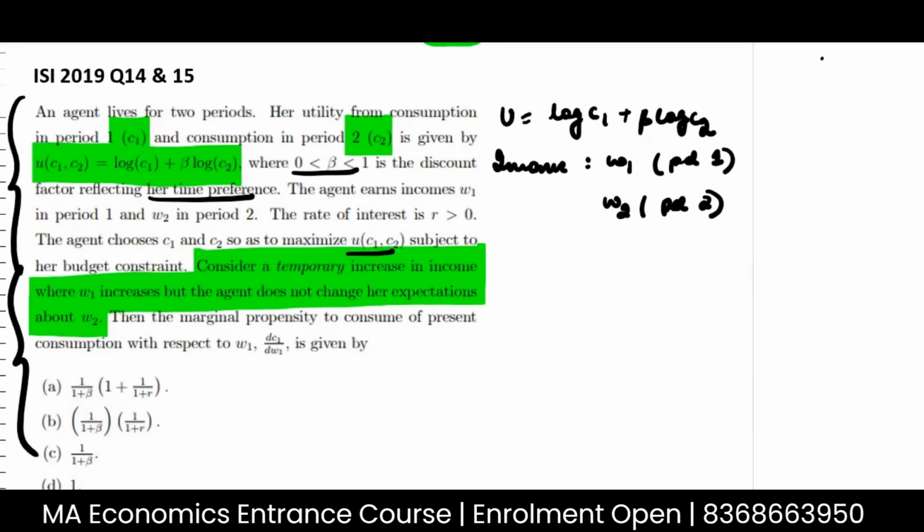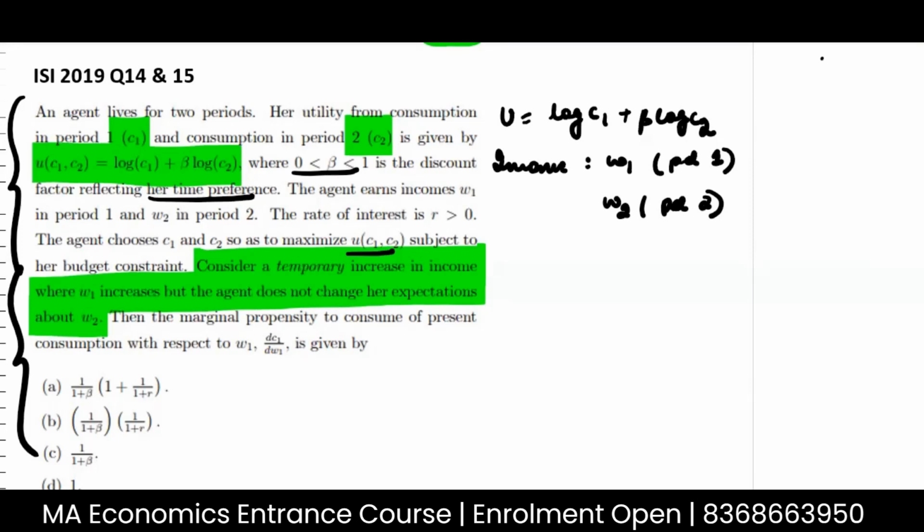Whenever there is an increase in the salary of any consumer, we always ask the question whether it is a temporary increase or a permanent increase. If it is a temporary increase, we don't change the expectations of the consumer.